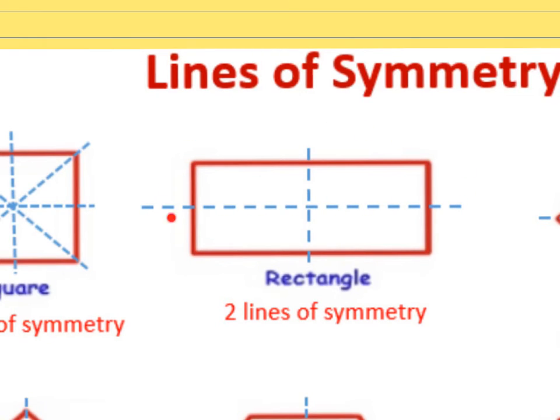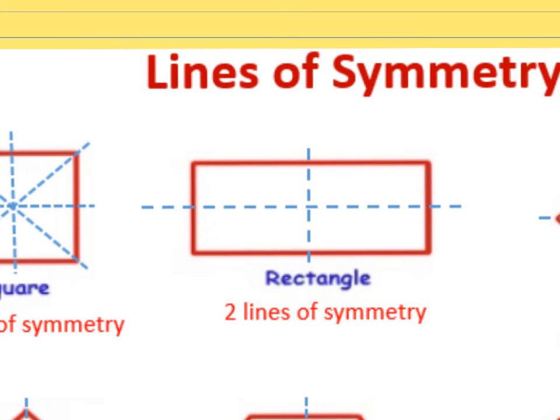Just imagine you have this figure on a piece of paper, and as you fold it in half along the line of symmetry, you will have 2 equal sides. But you can also fold it along this line of symmetry, and then if you turn the piece of paper to this side, you will have this equal side and this equal side.